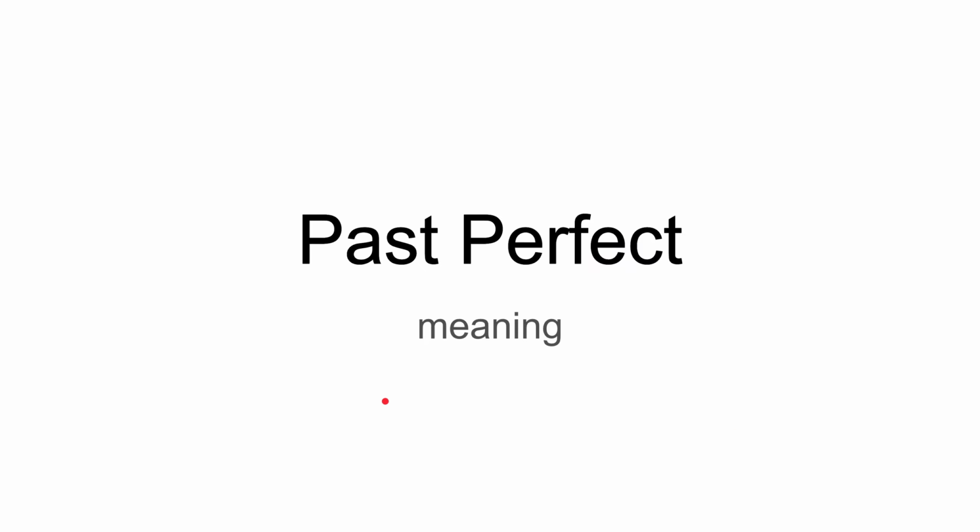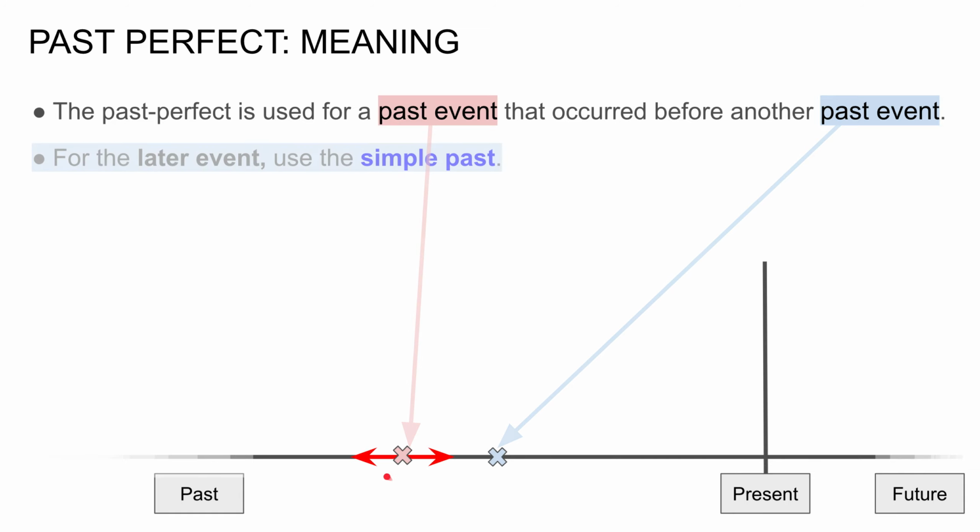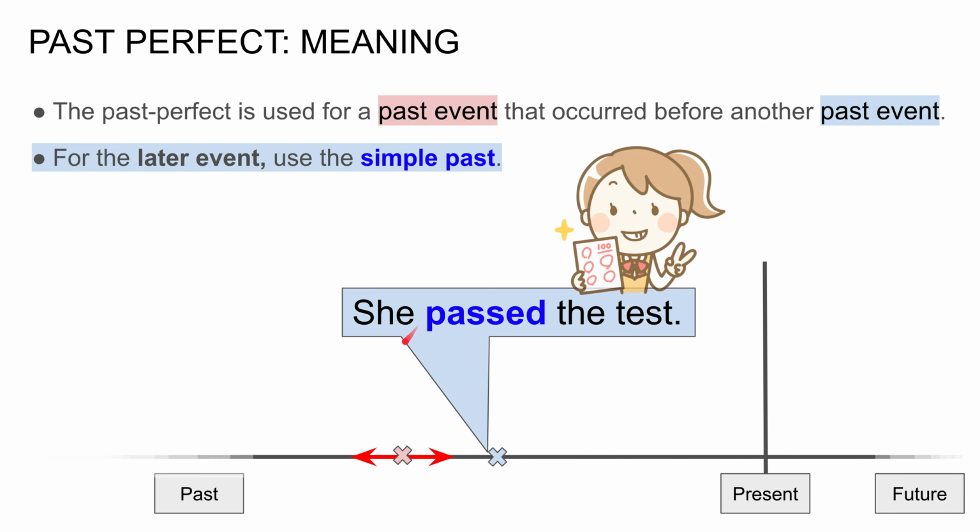Let's now talk about the past perfect. The past perfect is used for a past event that occurred before another past event. This is the past perfect right here, the first event. For the later event, we use the simple past: she passed the test.